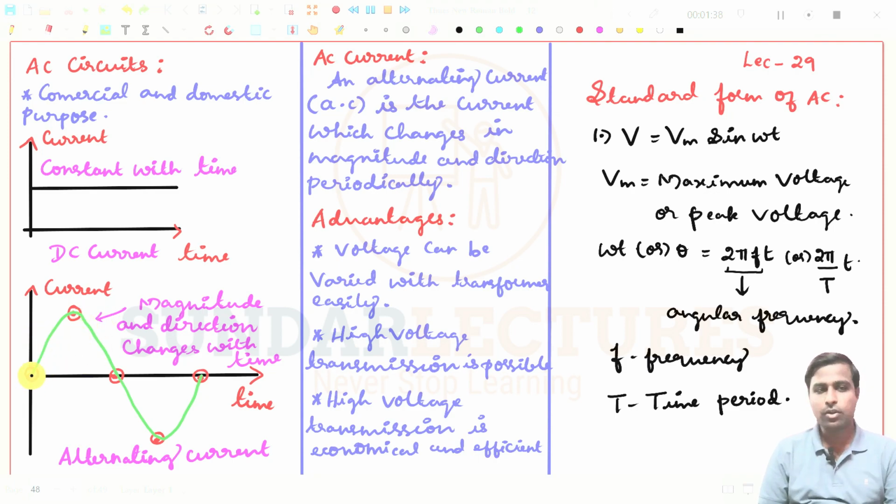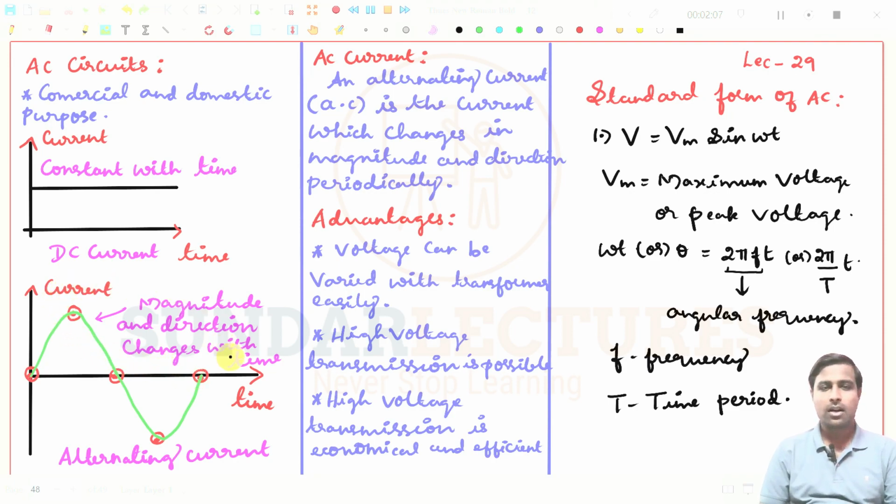At this instant the magnitude is this much, and at this time the magnitude is the highest or peak value. Then the magnitude reduces and comes to 0, and it increases in the negative direction. It attains the maximum negative and then again increases to 0.